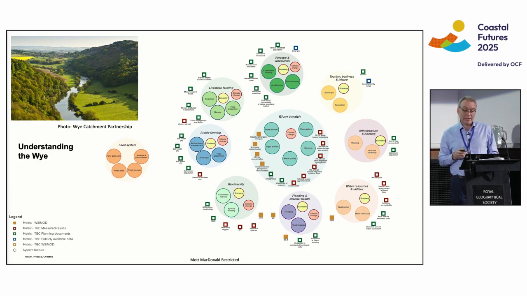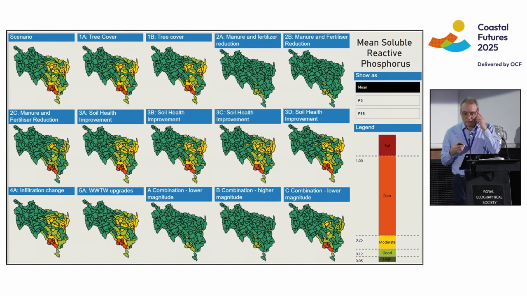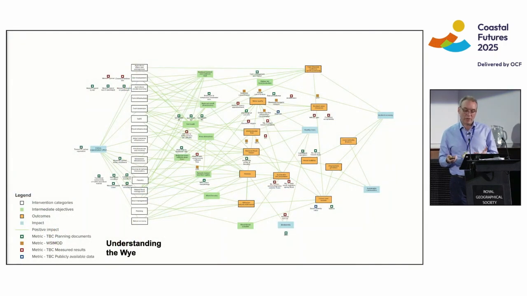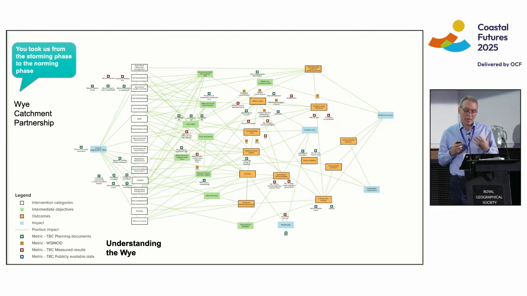And by doing the conceptual work first, you refine the exam question for the numerical analysis or the cost-benefit analysis and so on. And you can end up with a plan like this, where you've got those metrics which are now being worked with. And the nice thing that came out of this was that they said you took us from the storming phase to the norming phase. And if you're familiar with the catchment, then you'll take that and as you can see, tell everyone about it.